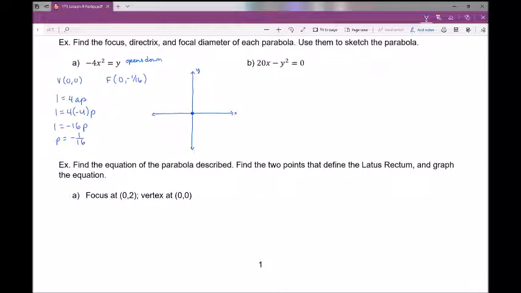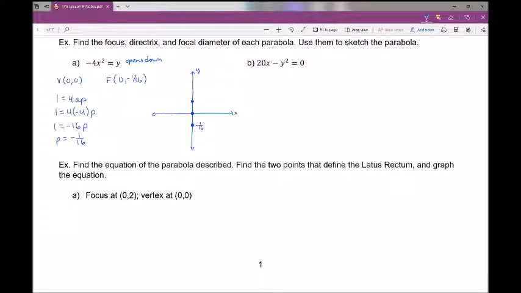So if a parabola opens down, we know that the focus must be below the vertex. So I'm just going to draw a point here and label the y coordinate negative 1/16. Okay, so if we know that the focus is (0, negative 1/16), we know the directrix must be the same distance in the opposite direction.